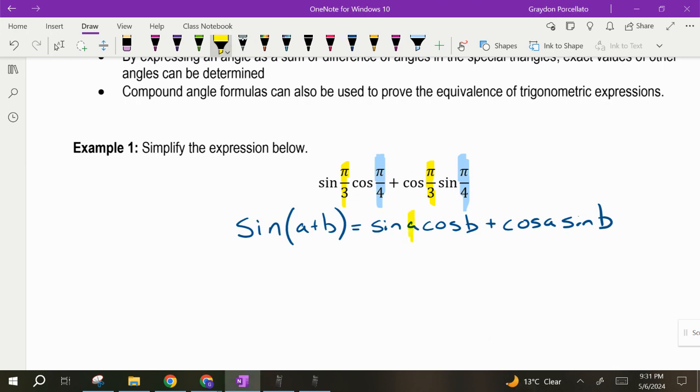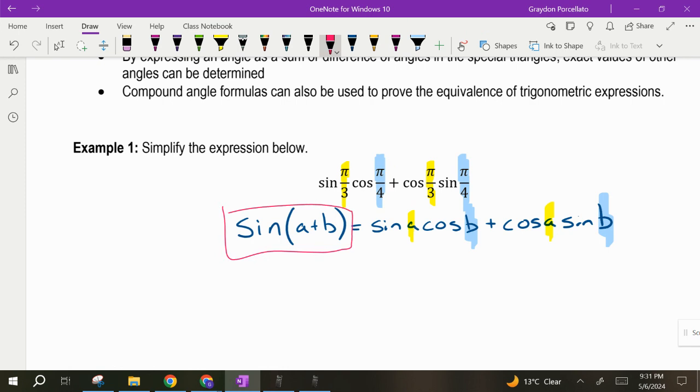A is going to be our pi over 3. And what is B? B is going to be our pi over 4. And so we can actually write that in our simplified expression, which is this expression right here.